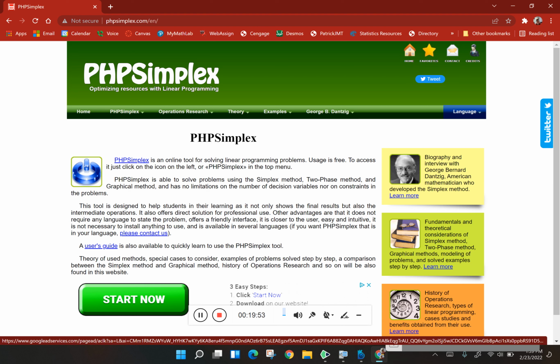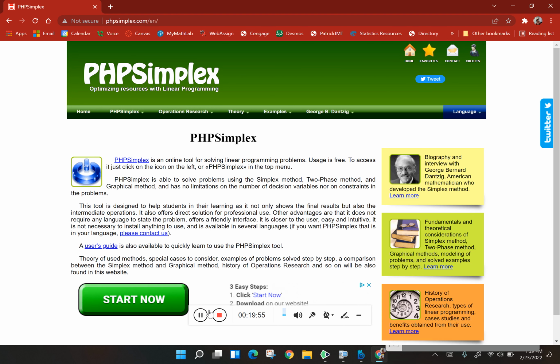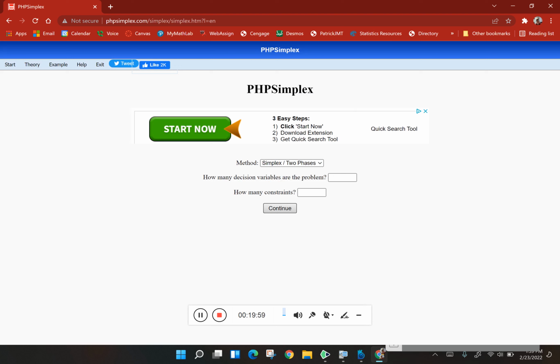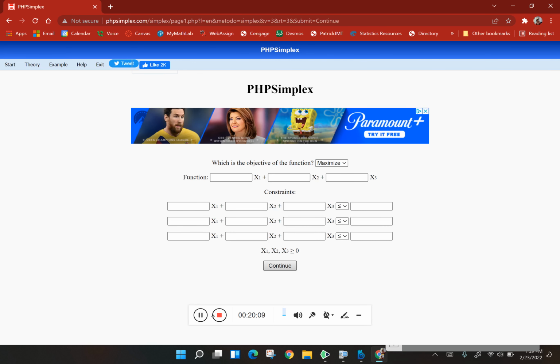The way it works is you click right here to start. You pick simplex, you tell it how many variables, in this case we have 3 variables, and how many constraints, in this case we have 3 constraints. We select that we want to do a maximization problem, and now this function line right here is our objective function.